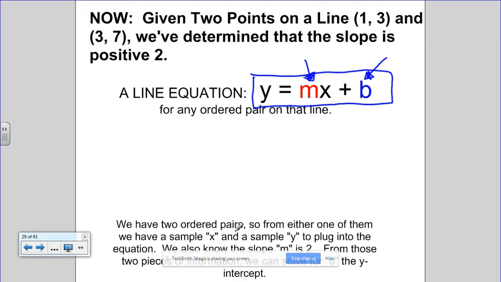If you have two ordered pairs, an ordered pair is an x and a y. That's a sample input paired with a sample output. So for example, (3, 7), if I put in 3, I got out 7. So that's an example of an input paired with an output.